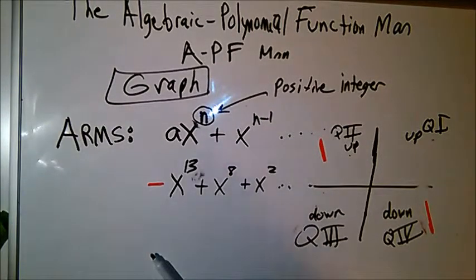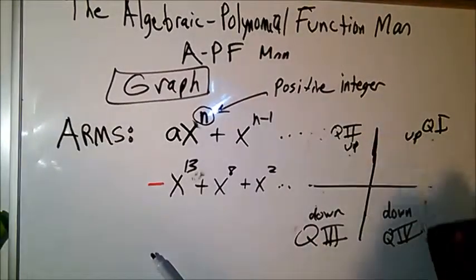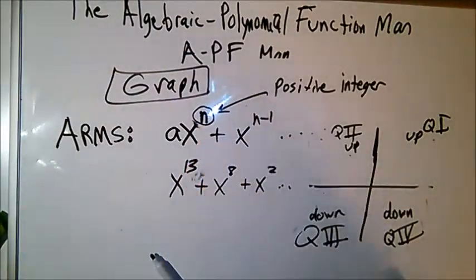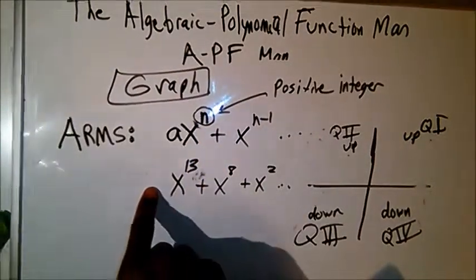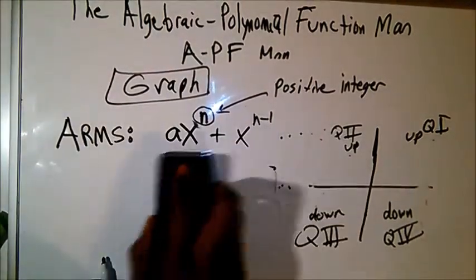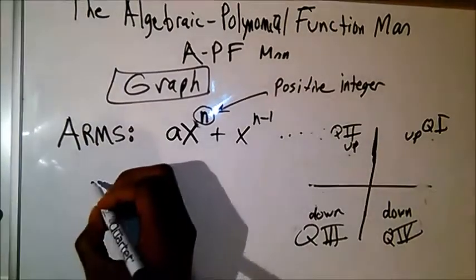Okay, so once you figure out whether the arms are even or odd, and if the function is negative, the next step is to determine the turning points. But before we go there, I want you guys to get some practice. So determine the end behavior of this function here.